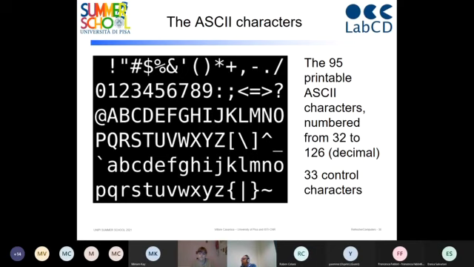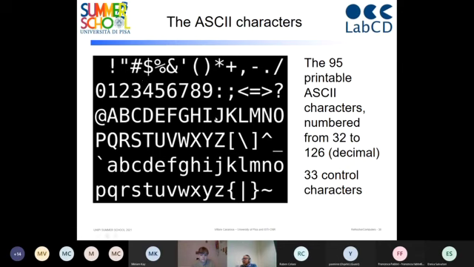The first definition that was done for the coding of letters and numbers in computers was called ASCII, American Standard Code for Information Interchange, I think.